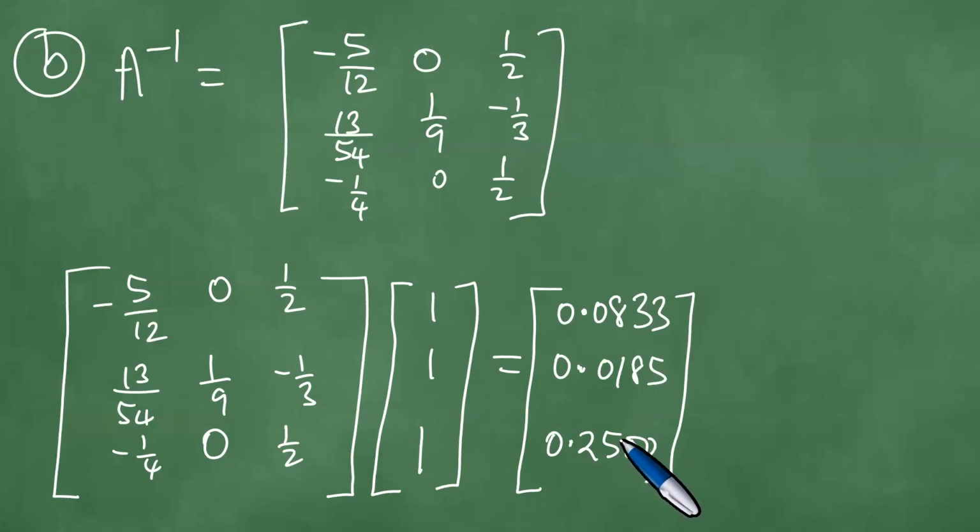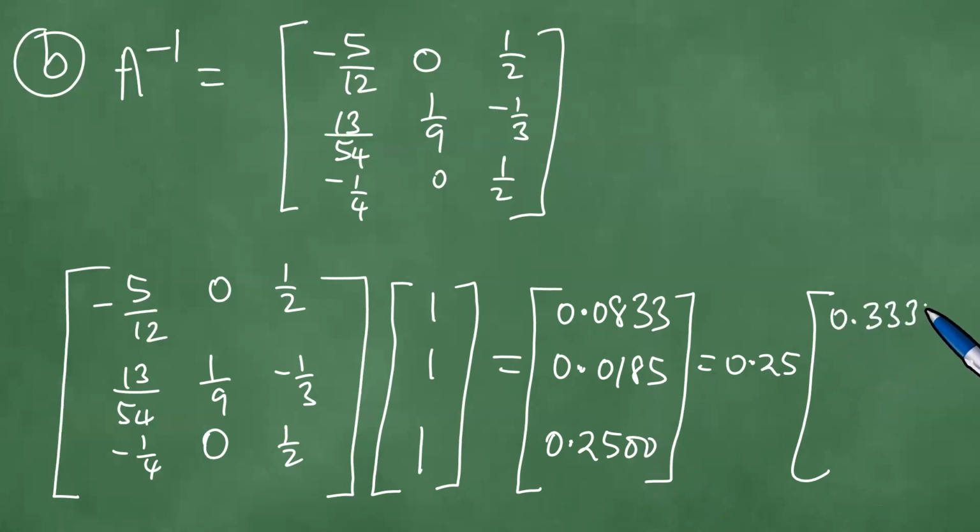The biggest number is 0.25. So we factor it out. We divide this by 0.25, and get 0.3333, 0.0741. You divide this by that, you have a 1.